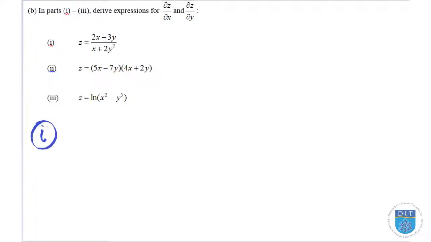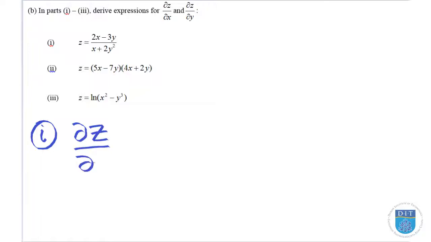And I put that in the guide that you can learn the maths, but I think maybe it's just better to learn the English if you want to. The English rhyme of how to do the quotient rule goes: bottom by derivative of top minus top by derivative of bottom all over bottom squared. So that's what I'm going to do. I'm differentiating with respect to x first.